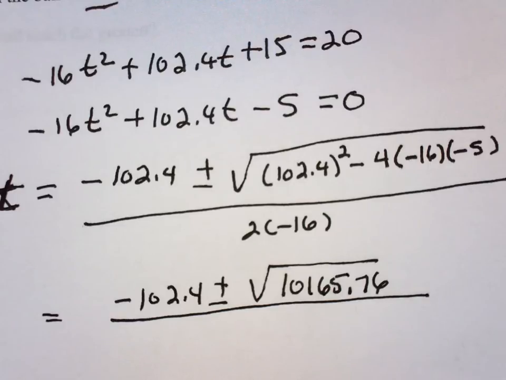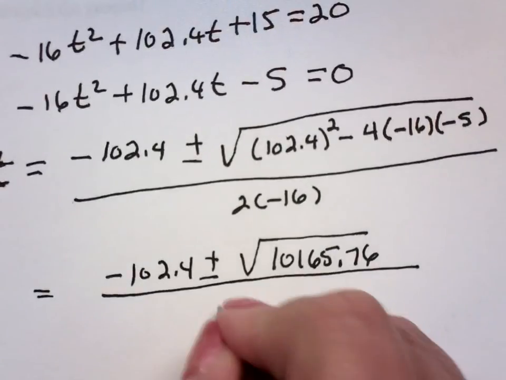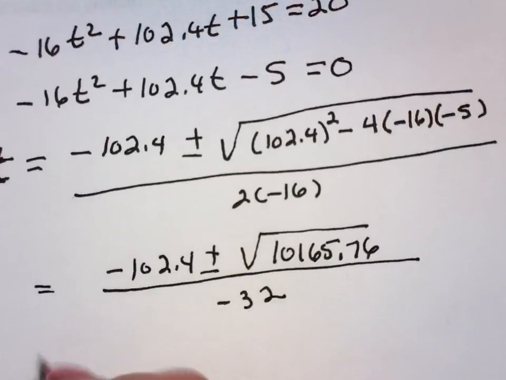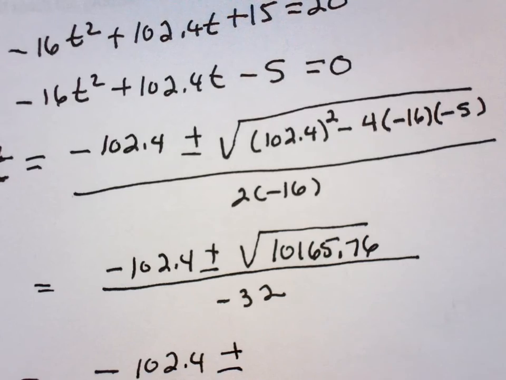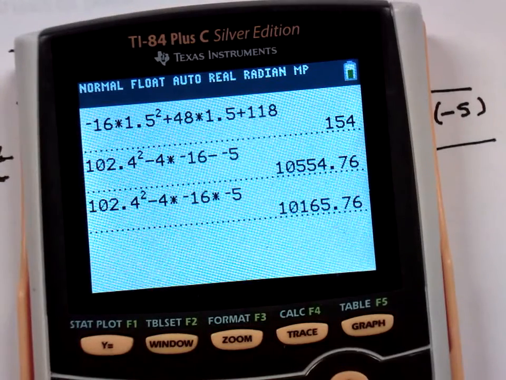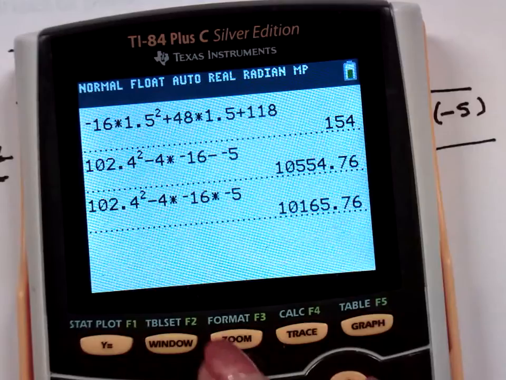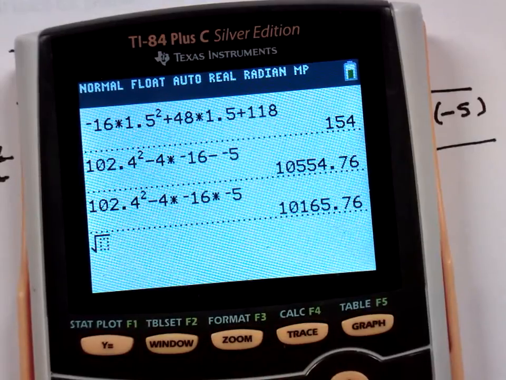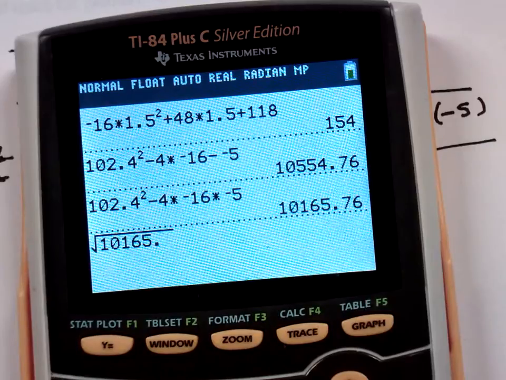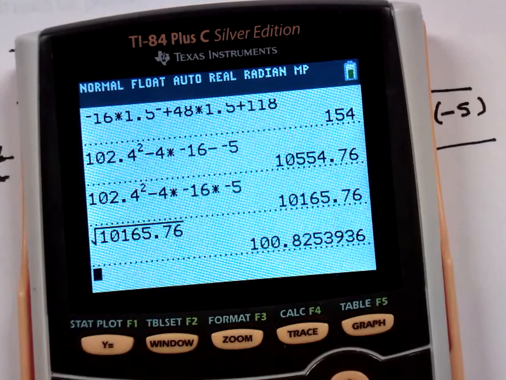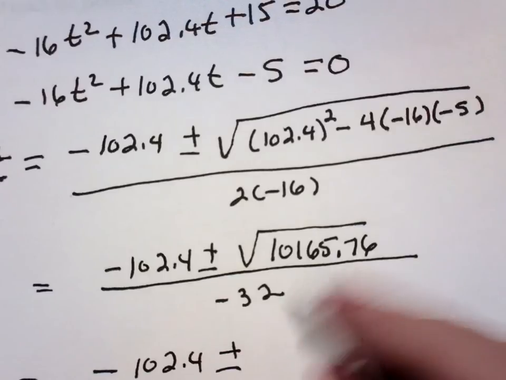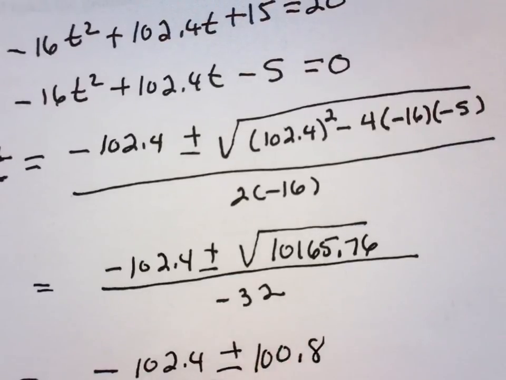Does that matter if we put 8.8? You could do that too. All over negative 32, which is minus 102.4 plus or minus, now I got to take the square root of this sucker, the square root of 10165.76, which is 100.8, all over negative 32.